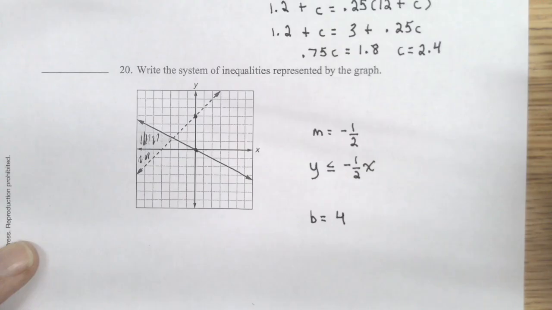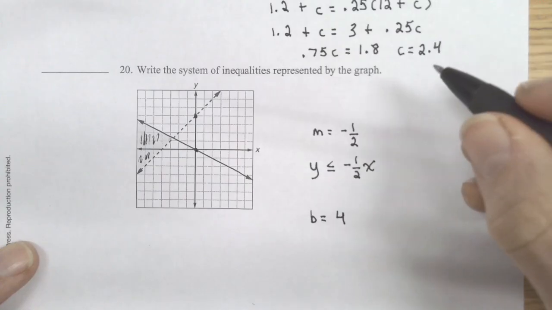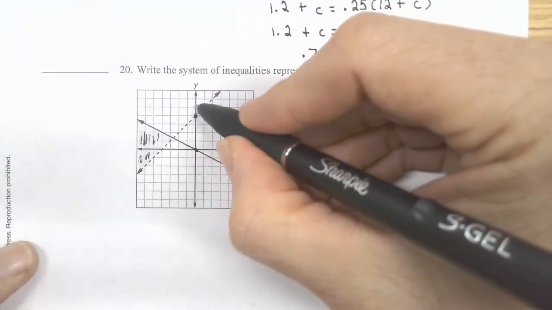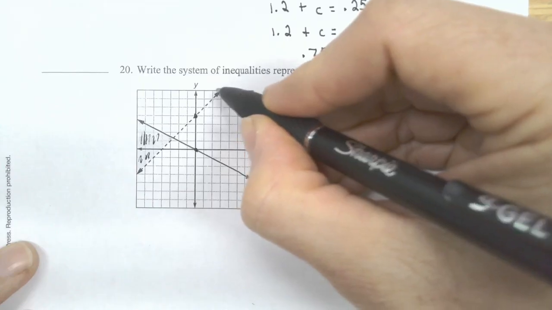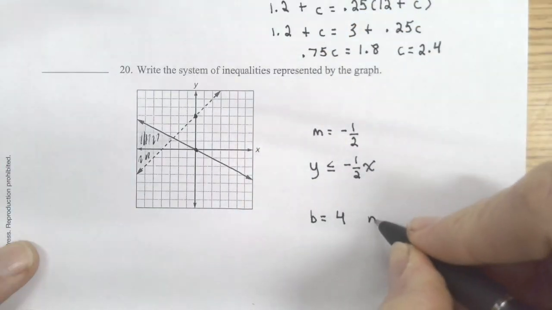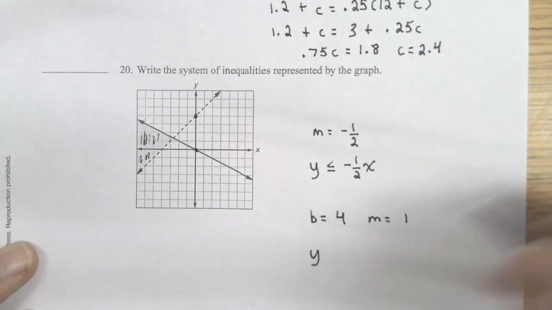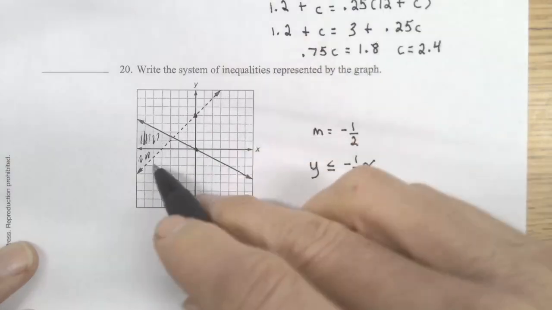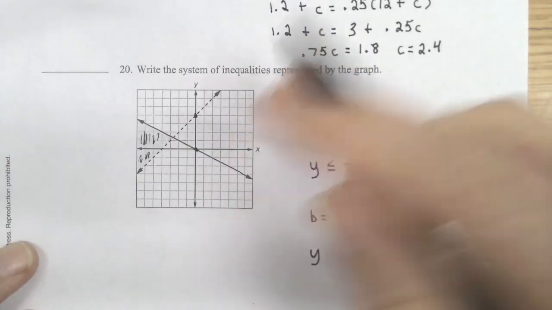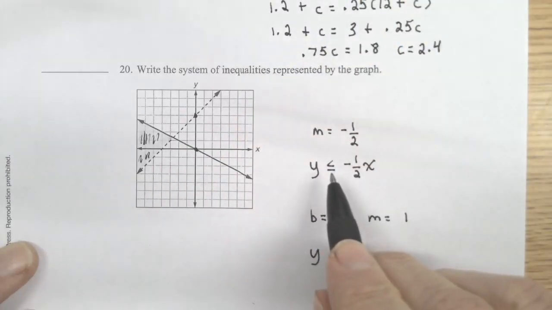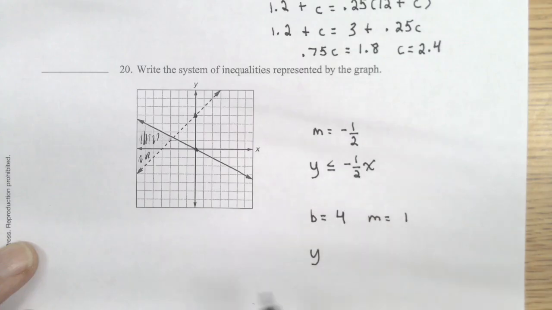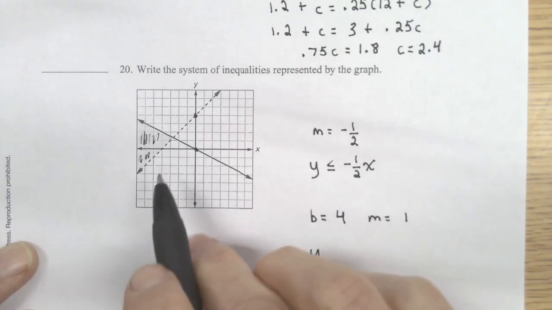Okay, so now let me see if I can figure out the slope. This one looks like it's just going up 1 over 1, up 1 over 1. So the slope is 1. All right, not too bad. So I do my y. Again, it's an inequality. This one's a dotted line, so I don't want to put the greater than or equal to or less than or equal to sign under it. But again, I have to look, where is this shaded?